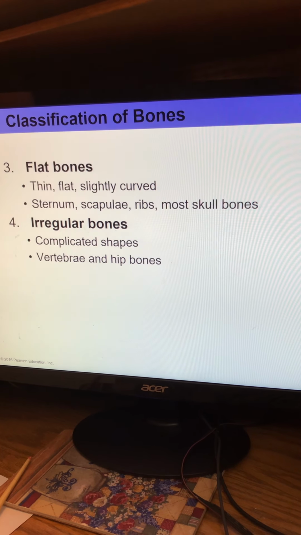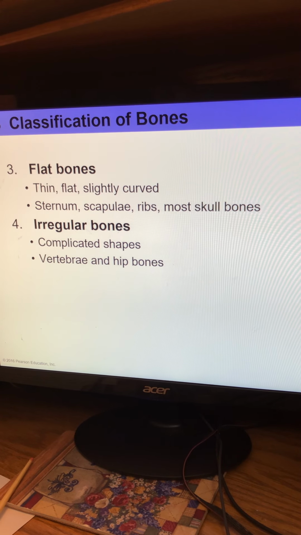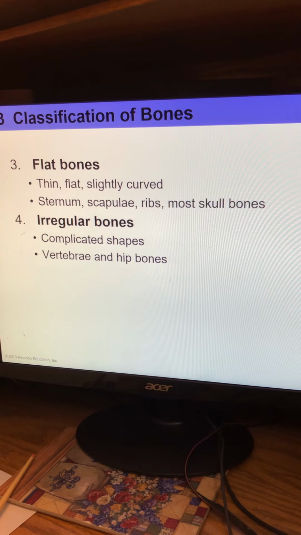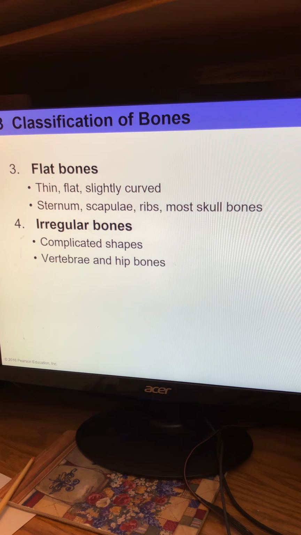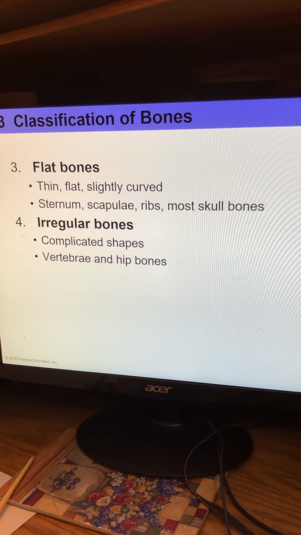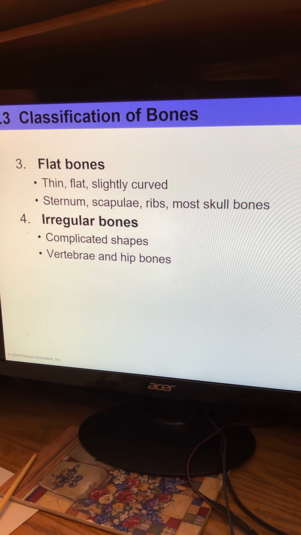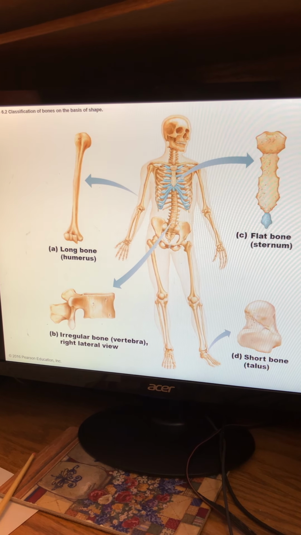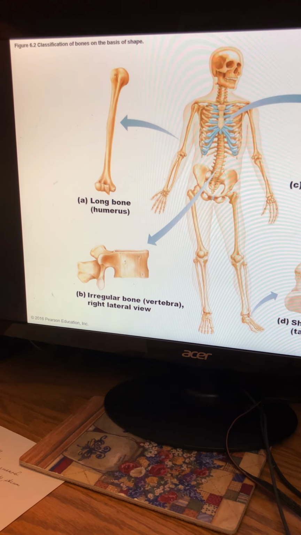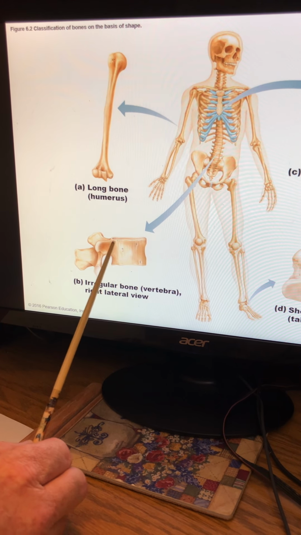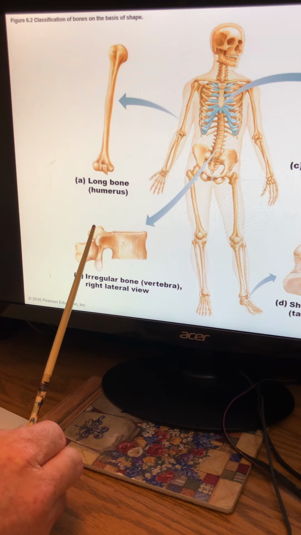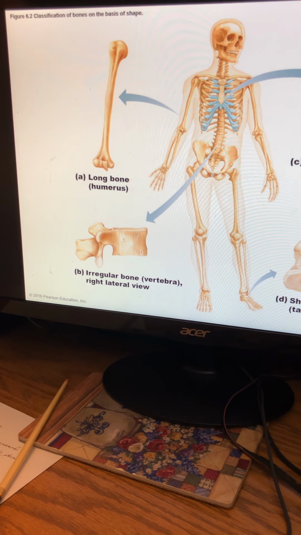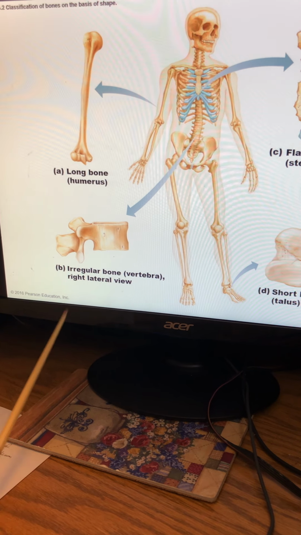And then the fourth category is the one that they didn't know where else to put, and they just clumped them all into a category called irregular bones. They are going to be very complicated in shape, and probably the best examples are the vertebrae and also the pelvis. So this vertebra here has a body, here is something sticking up this way, something sticking down, something sticking posteriorly, and there's also a hole going right through the center there.